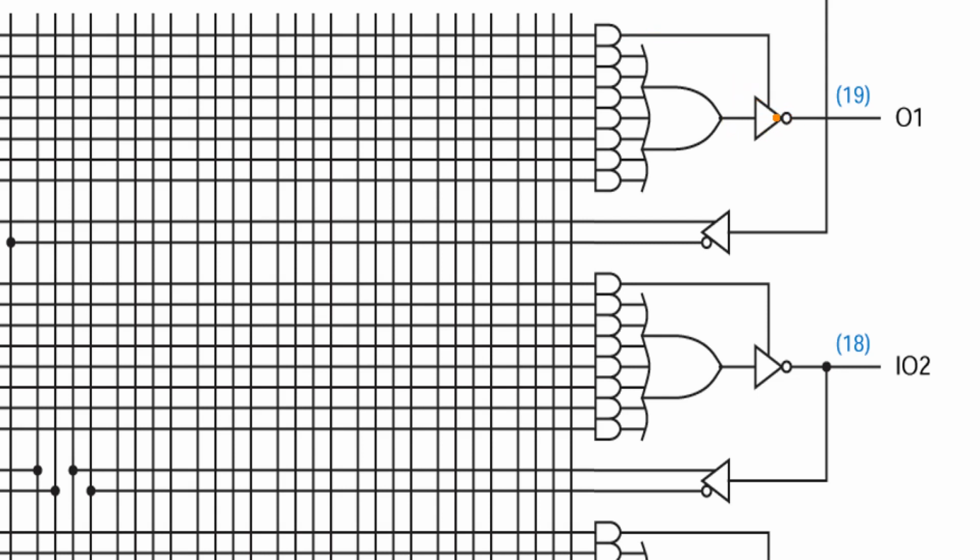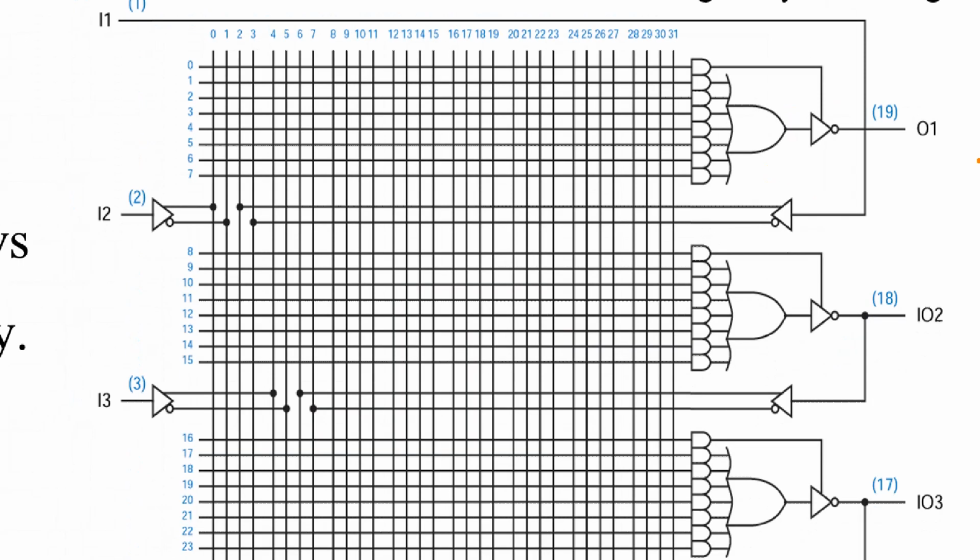This one is a 3-state buffer with active low output. So if you want the output active, the signal from this one must be 1. Then the output from this OR gate will go to output O1.